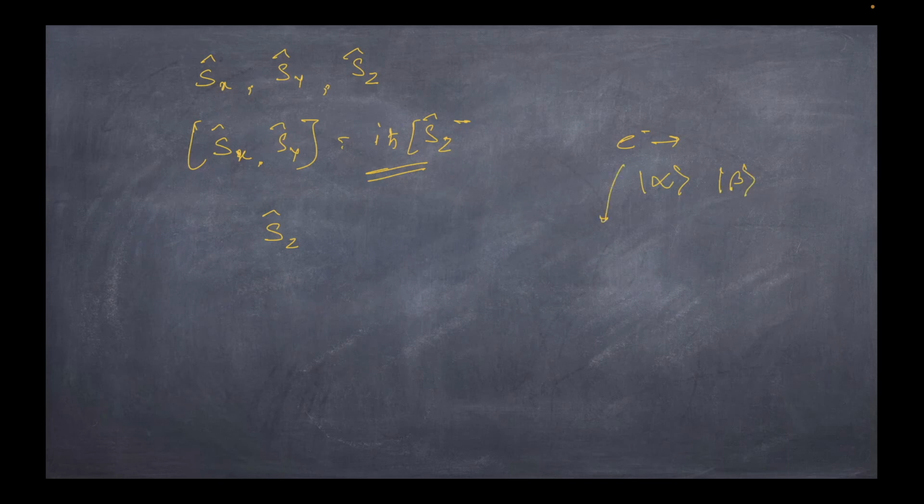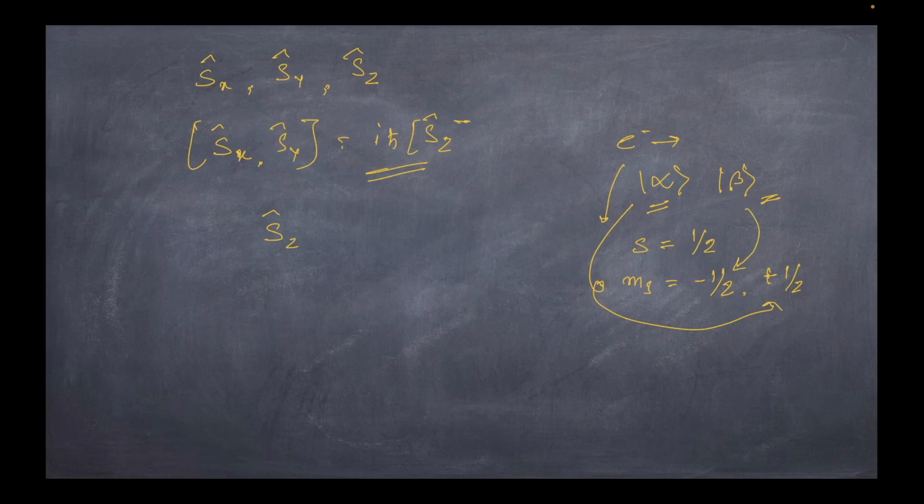Why? Because the electron has spin quantum number equal to half. So the possible values of ms, the magnetic spin quantum number, are minus half and plus half. That's why there are two possible spin eigenfunctions for the electron, the up eigenfunction alpha and the down eigenfunction beta. For the up eigenfunction the ms value is plus half, and for the down eigenfunction the ms value is minus half.